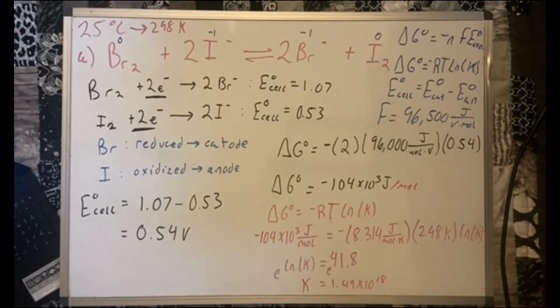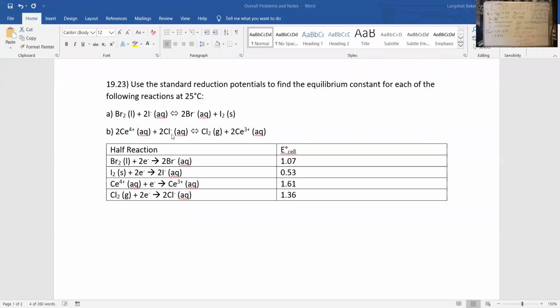Okay, so now if we look, I'm just going to share the other screen. Hold on, so I don't have to erase this yet. Okay, and the other one's going to be exactly the same, right?